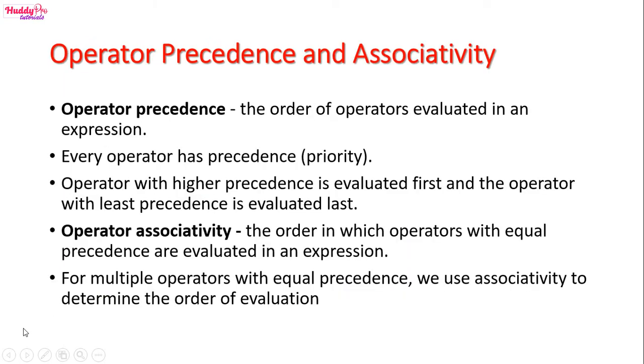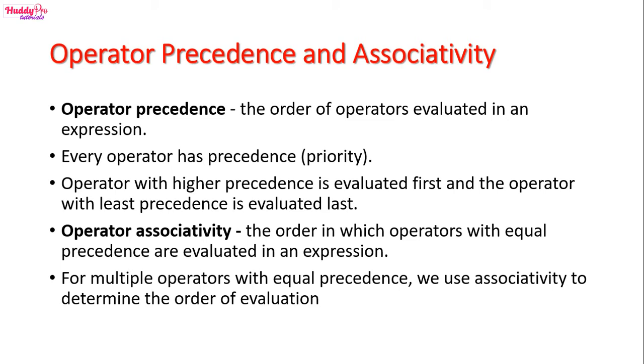Let's talk about operator precedence and associativity. Now, operator precedence is used to determine the order in which operators are evaluated in an expression. In the C programming language, every operator has precedence, or priority.